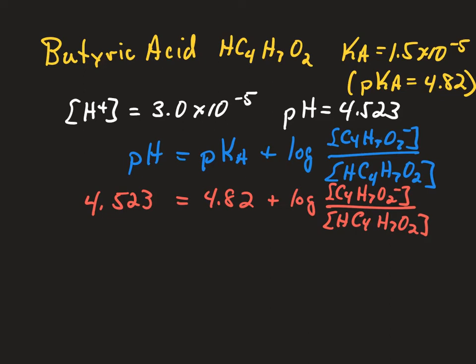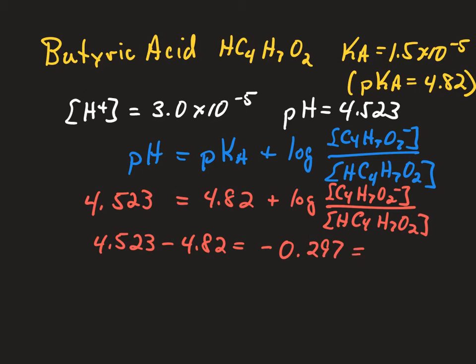So we take 4.523 minus 4.82, that's going to equal negative 0.297, close to that.